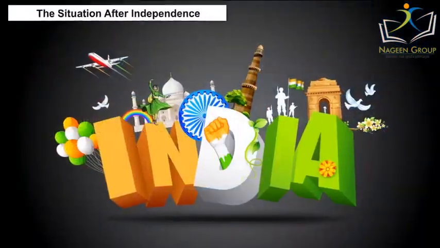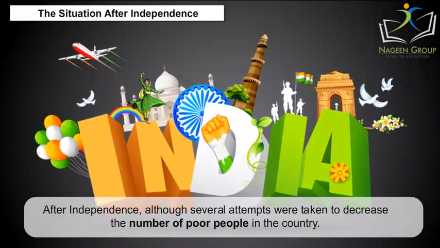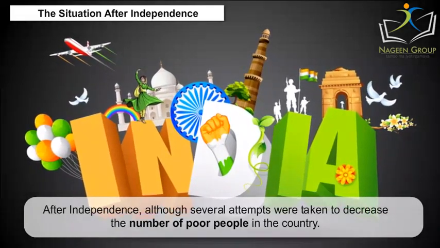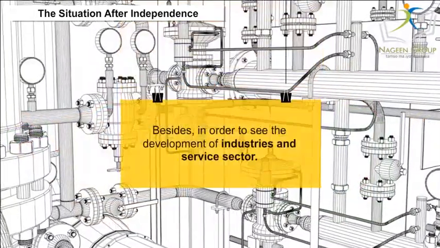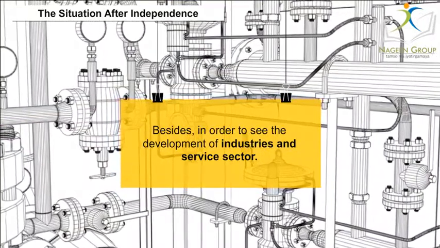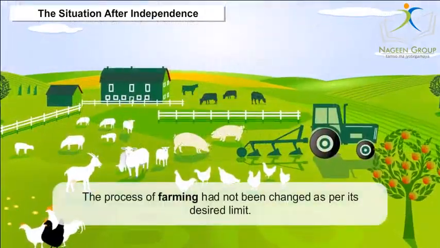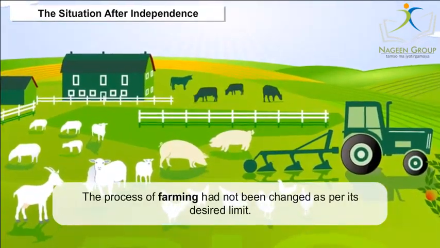The situation after independence. After independence, although several attempts were made to decrease the number of poor people in the country, in order to develop the industries and service sector, the process of farming had not been changed as per its desired limit.